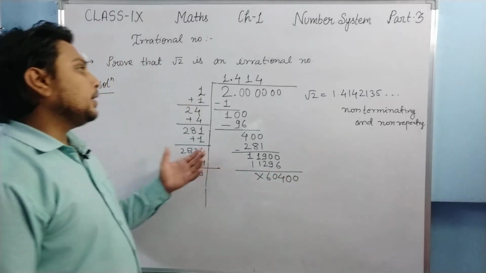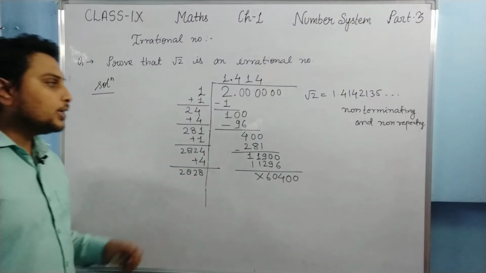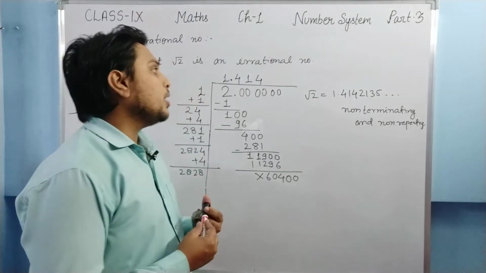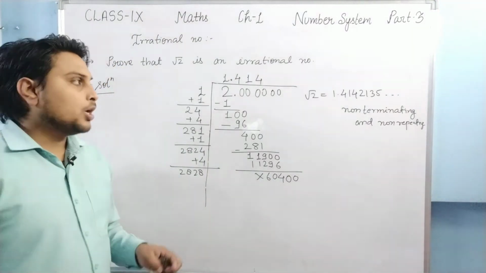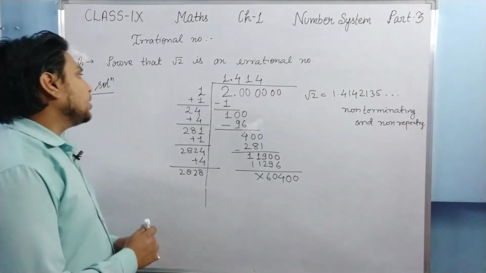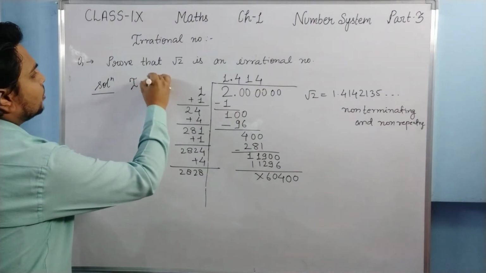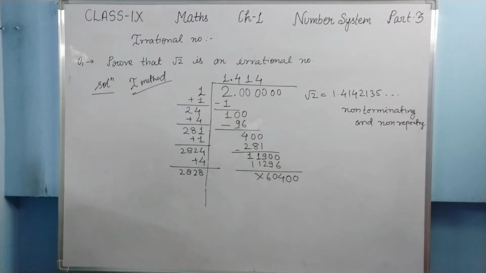So it is proved that under root 2 is an irrational number. So students, by this method we can show that any number is an irrational number. Okay, so this is the first method to show that a number is an irrational number.